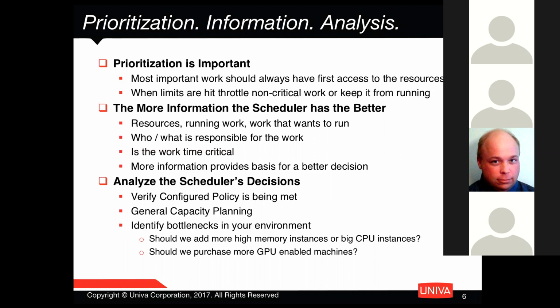So specifically, prioritization is important. As I described earlier, you can run into resource constraints. You'll run into it with budgets or quotas. Well, with prioritization, you can then determine not only which job gets to run next when you have run up against one of those limits.